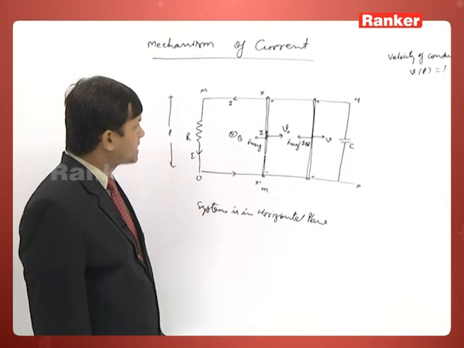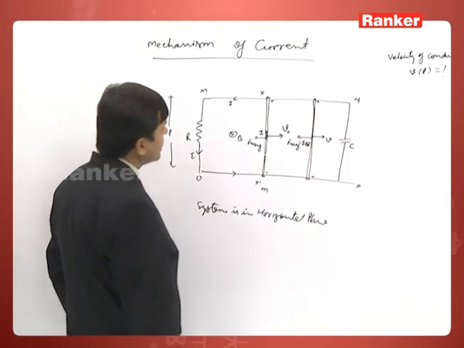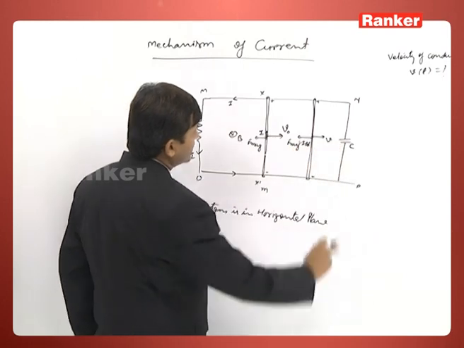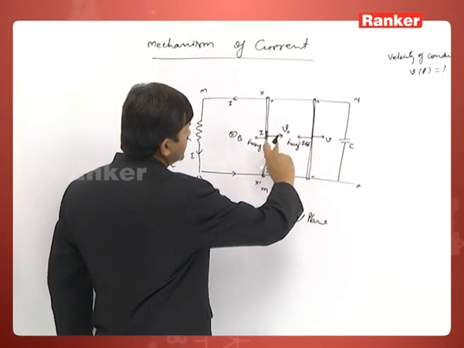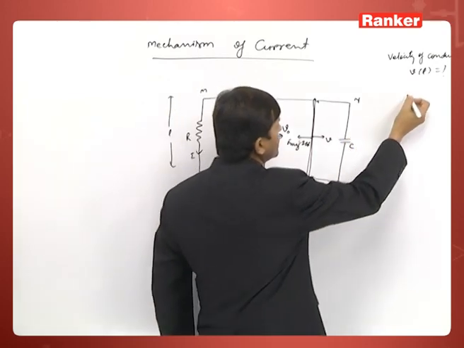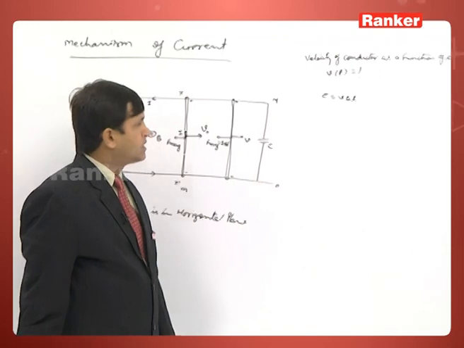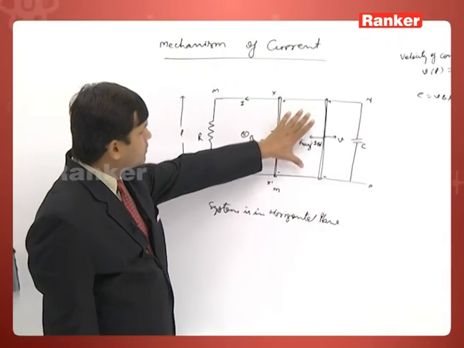In that case, the potential E is given as VBL, the induced EMF in the loop.